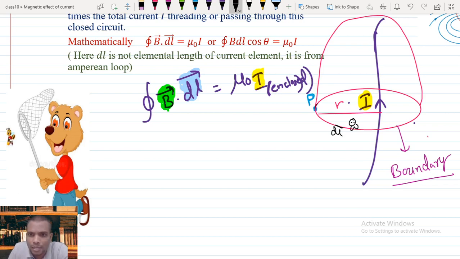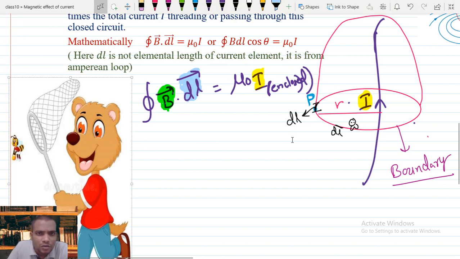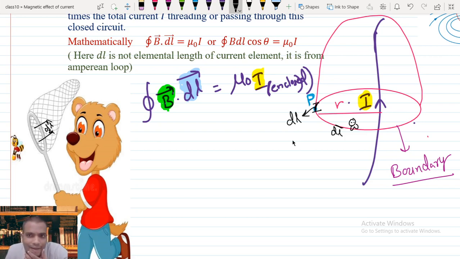Suppose I take a small elemental length dl at P, this much portion is a small elemental length dl in the boundary of the Amperian loop. Okay, if it is difficult to pronounce, you can just call it an Ampere loop, not a big deal. So everything is here in the net I am drawing. So in my honeybee net, I need to consider a small Amperian loop. Okay, now I got it.